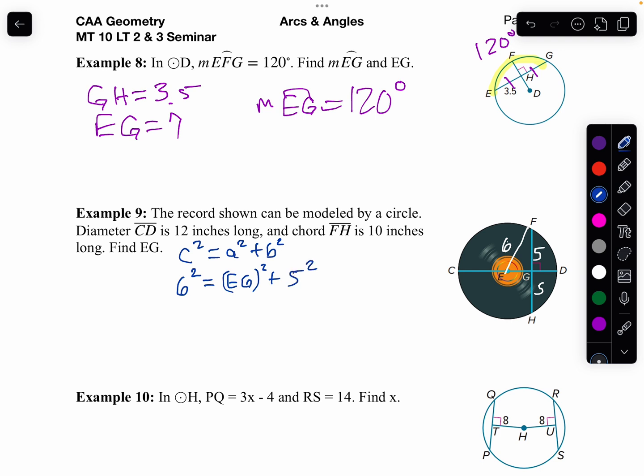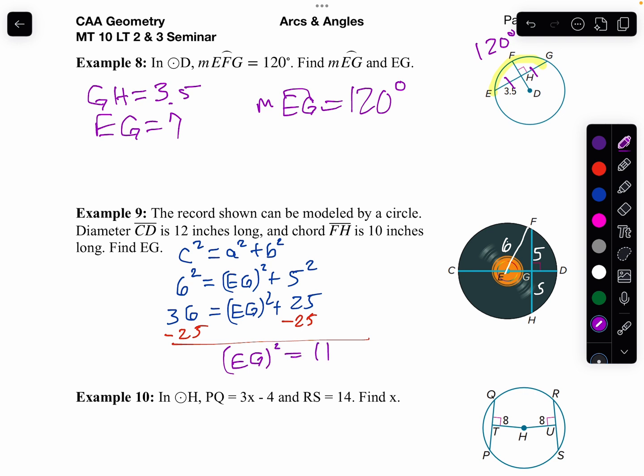Now we're just going to solve that. We're going to go 36 equals EG squared plus 25. Then we'll subtract 25 from both sides. So EG squared is going to equal 36 minus 25, which is 11.